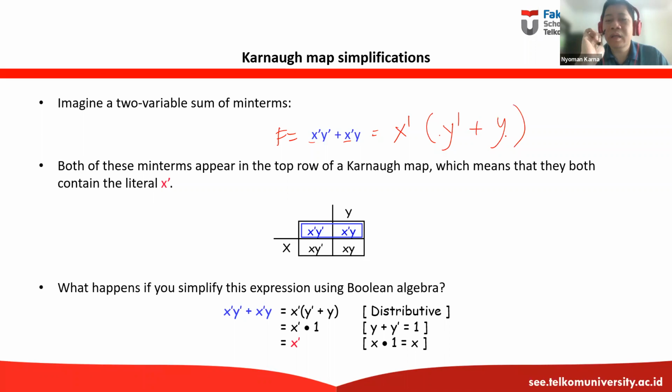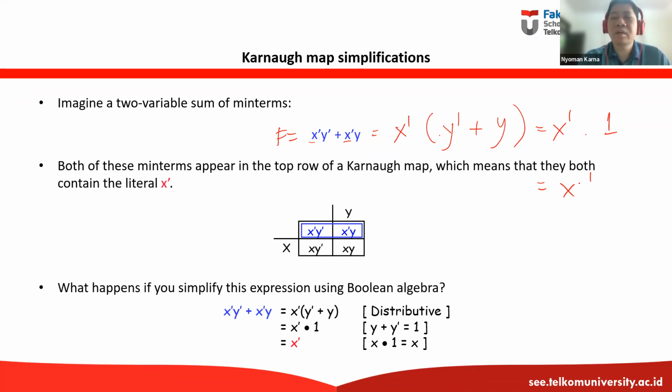And then remember that y naught plus y is always 1. Everything plus its inverse will become 1. So it will become x naught times 1. Remember about identity law? Everything times 1 is everything itself. So it will become x naught.